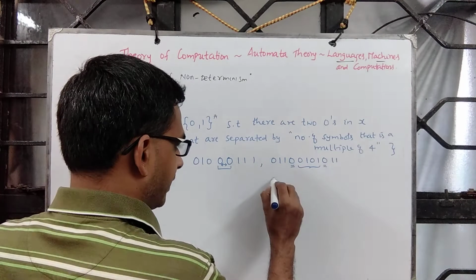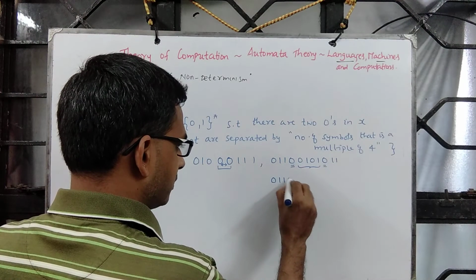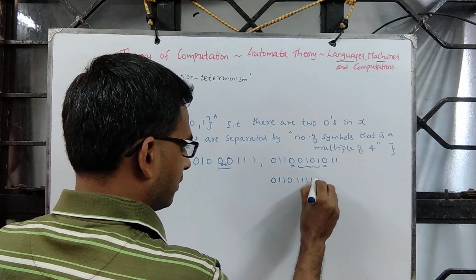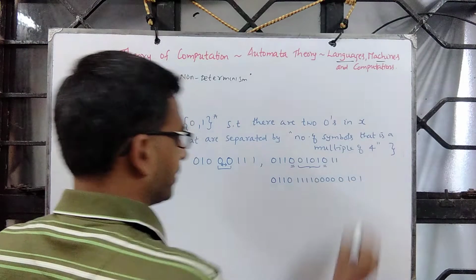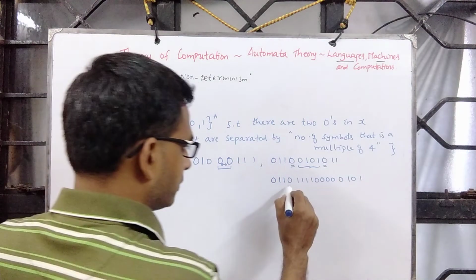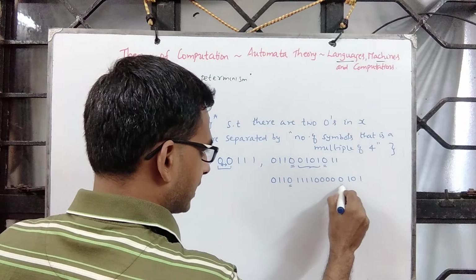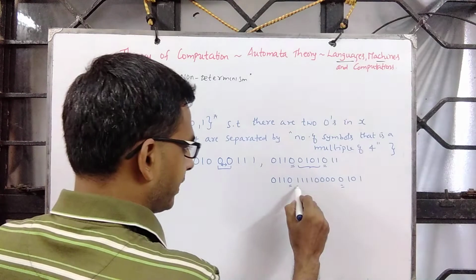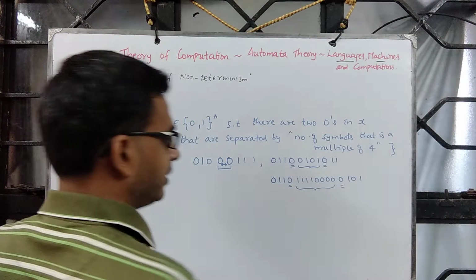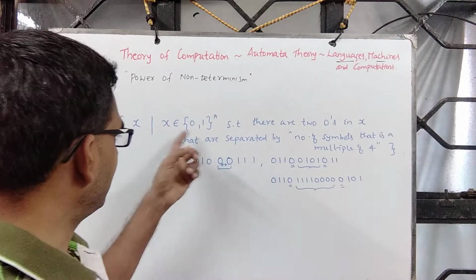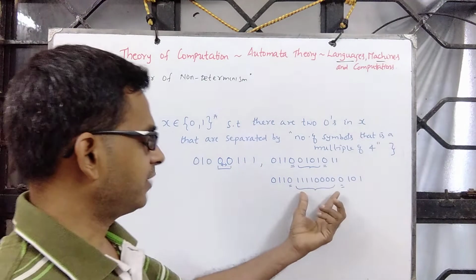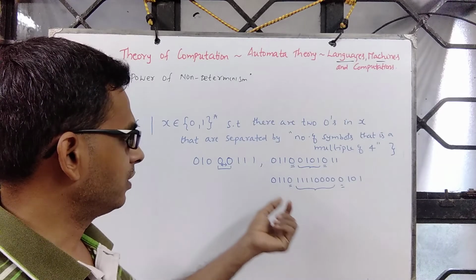Or it could be like 0, 1, 0, 1, 1, 1, 0, 0, 0, followed by 0, 1, 0, 1. Somewhere the 0 starts and ends. In between, if you count the number of symbols, and symbols are 0 and 1, the number of symbols is a multiple of 4.